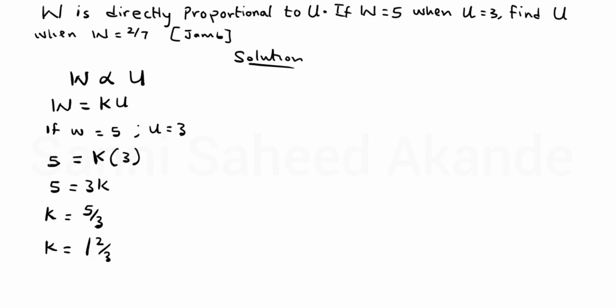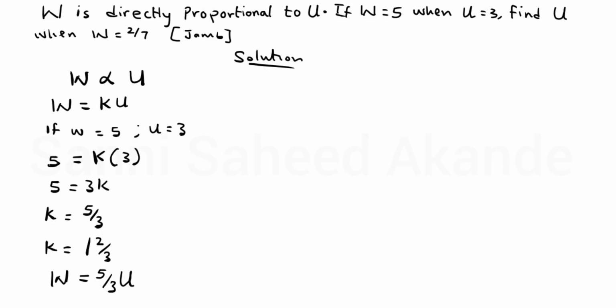Now let's write the relationship between w and u. Okay, so I will now have w equal to k. The value of k now is 5 over 3, then u. So this is the relationship between w and u. Understood?